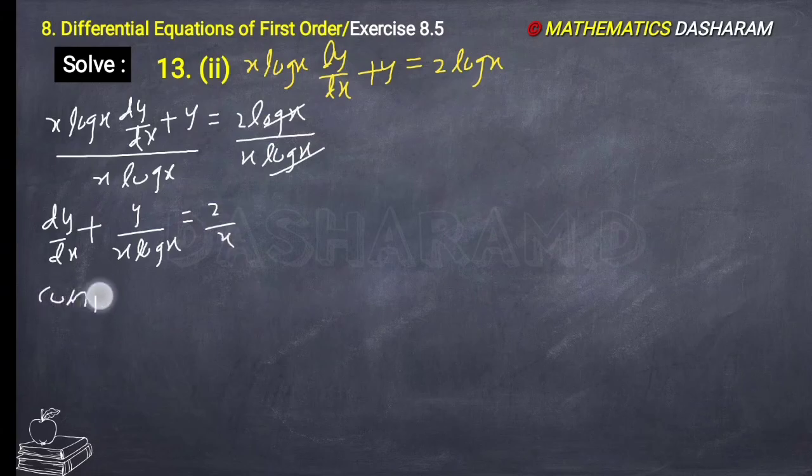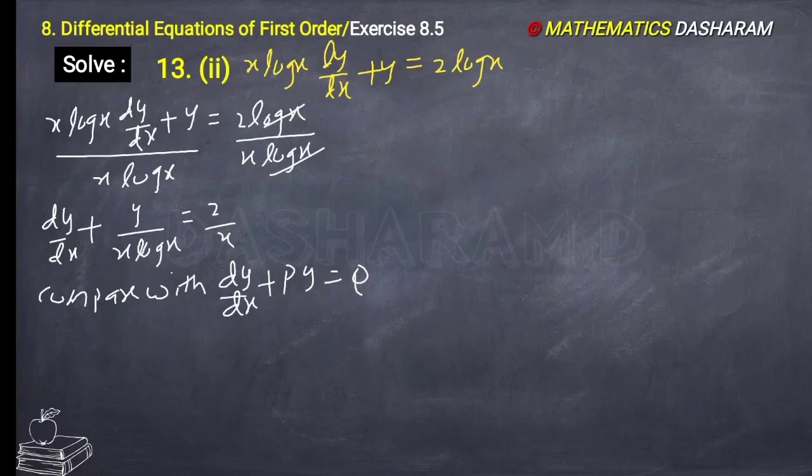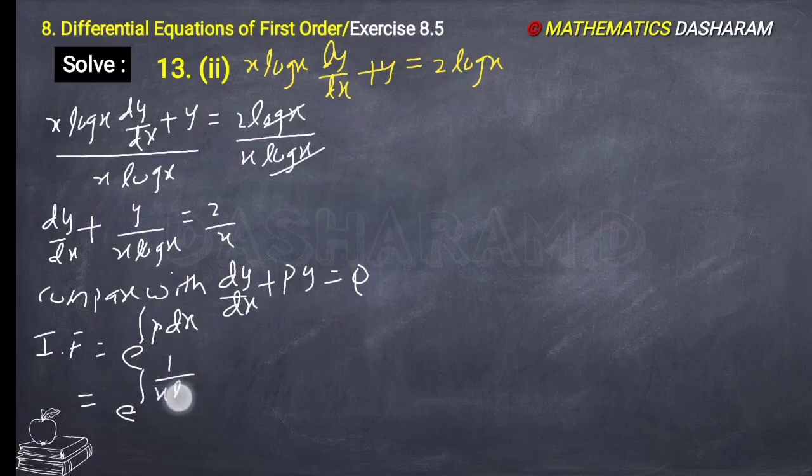So now compare with the standard form, dy by dx plus p into y equals q, and find out the integrating factor e to the power of integration p dx. So e to the power of integration, the p value is 1 by x into log x dx.